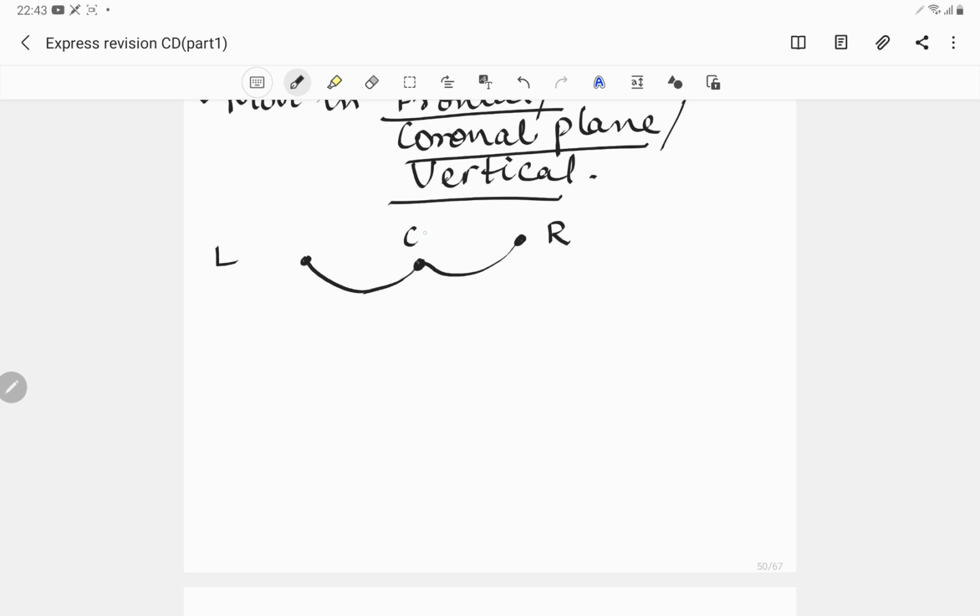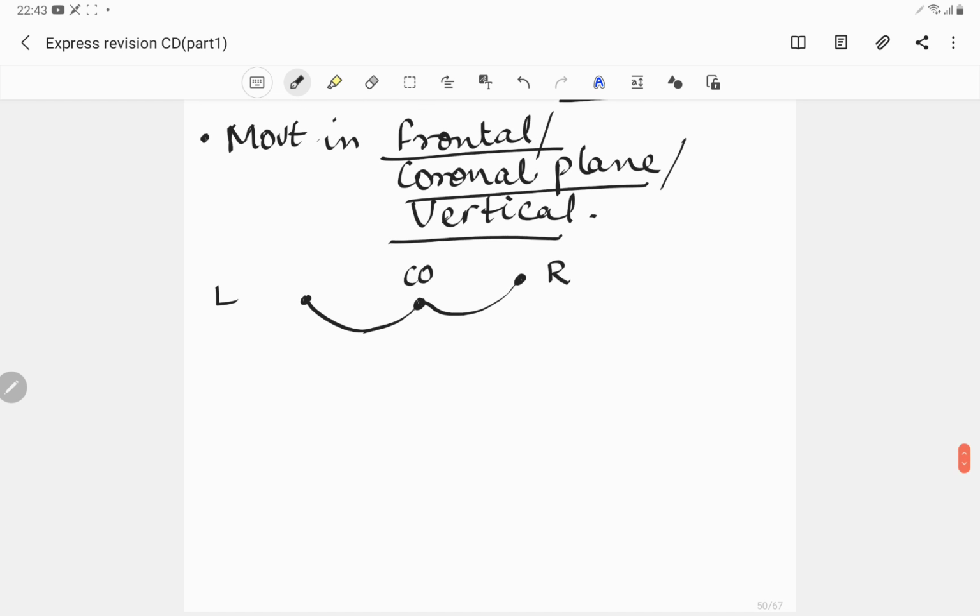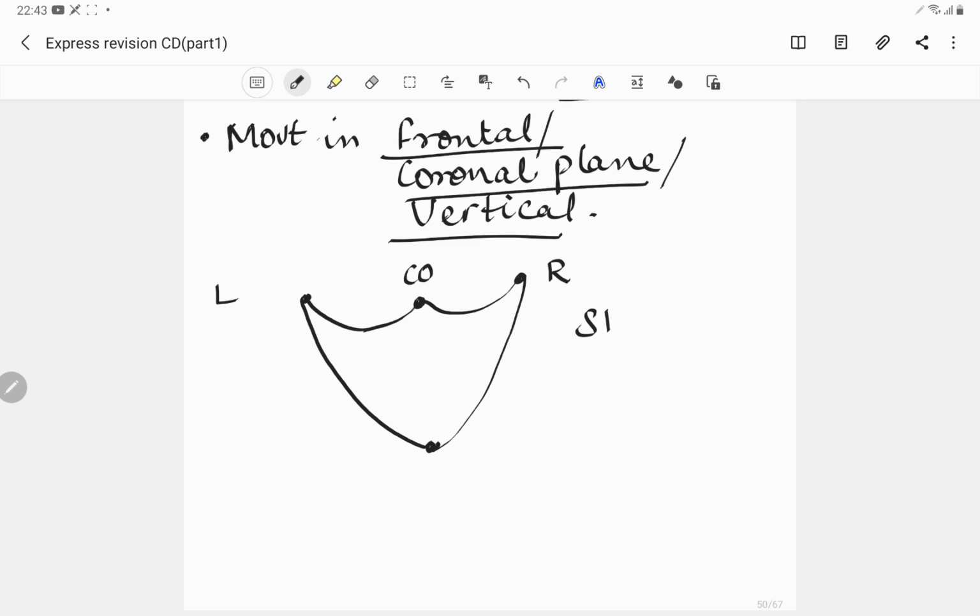This is the centric relation, or you can say centric occlusion, because we know that in the complete denture the centric relation is same as the centric occlusion. And when the patient is doing protrusive movement, again it is going to be in the same plane, because this is a 2D structure. So this kind of tracing is the shield tracing.